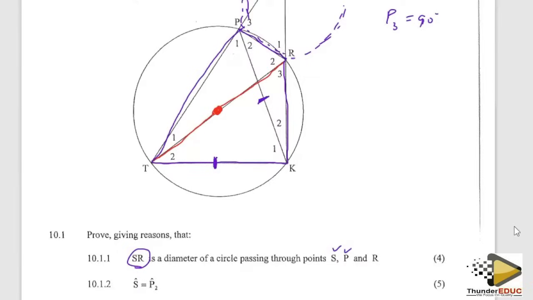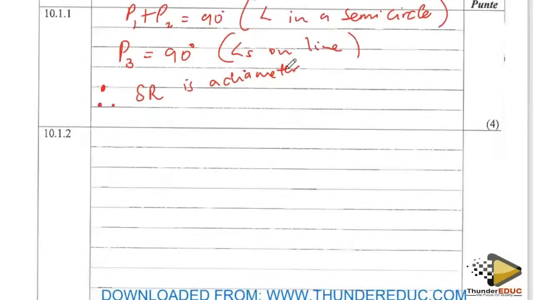We proved that that angle is a 90, which means SR is a diameter, and we're going to use the converse of what? This one is the converse of angle in a semicircle.